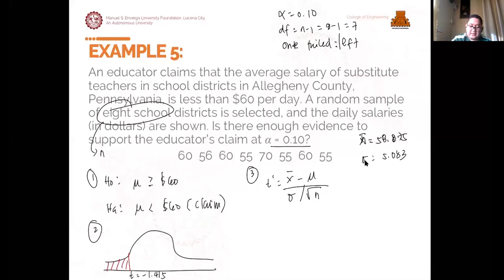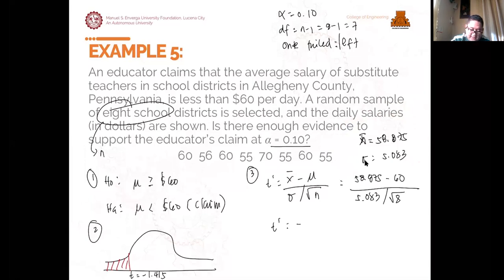Ito yung galing doon sa calculation na yon, 58.875 saka 5.083. So, substitute natin. Test value natin is 58.875 minus 60 all over 5.083 divided by square root of 8.